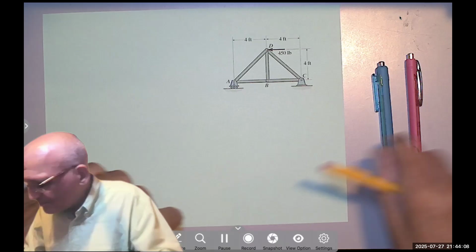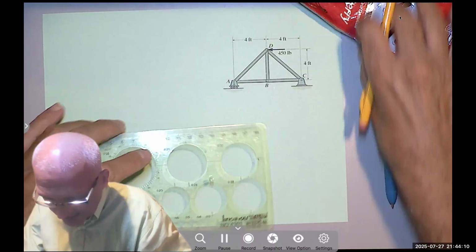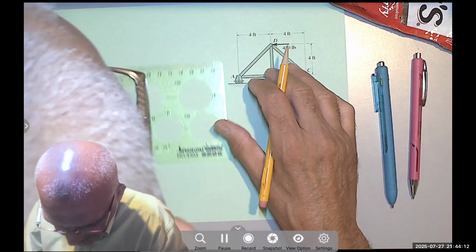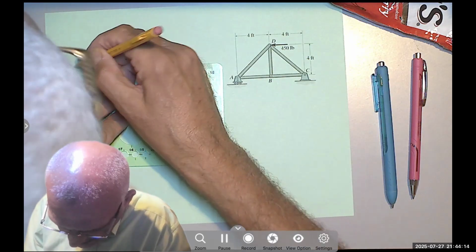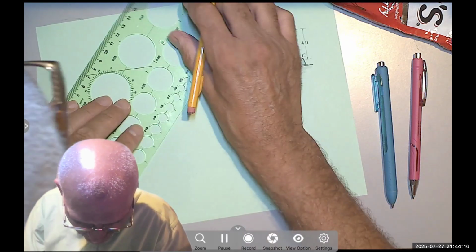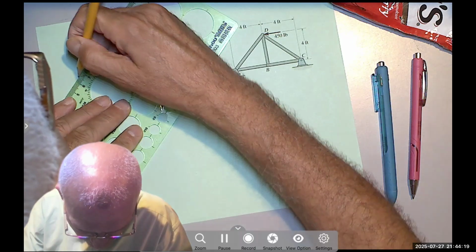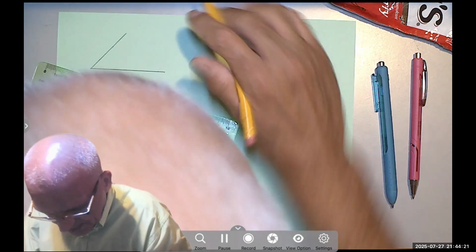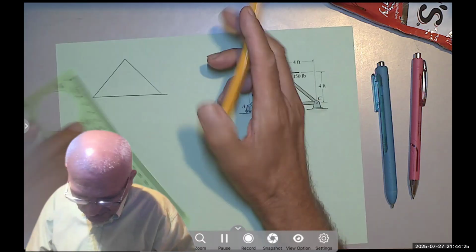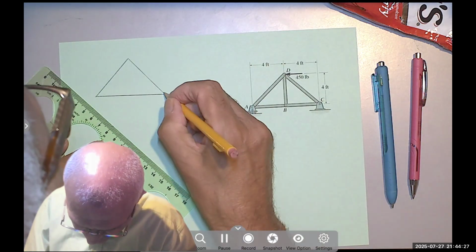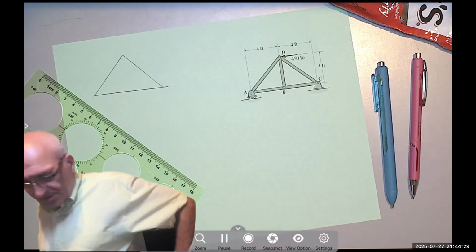Now, of course, I have to redraw it for the free body diagram. I'm not going to measure anything. I'm just going to draw the free body diagram as something that looks like that. It's not to scale at all, just because we don't have time. Don't want to waste your time.